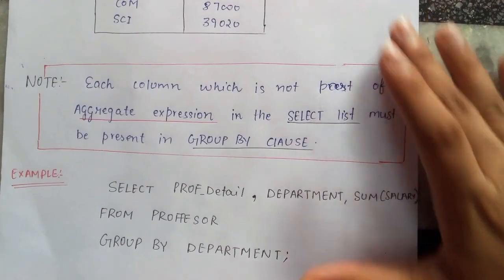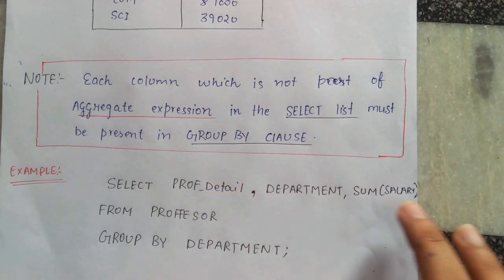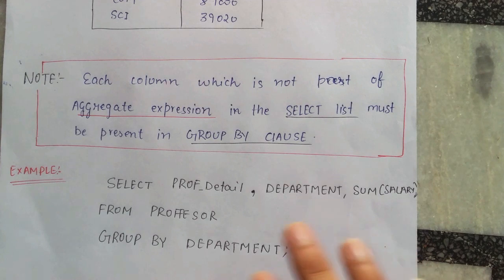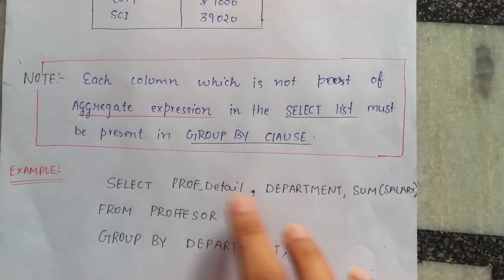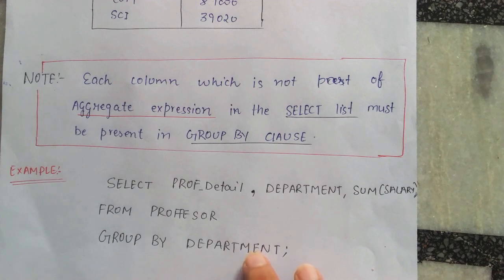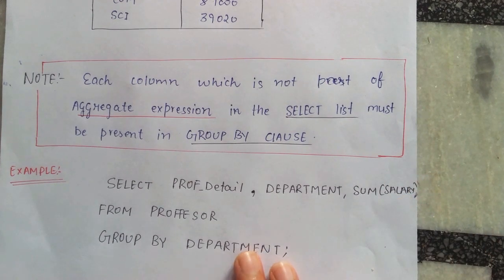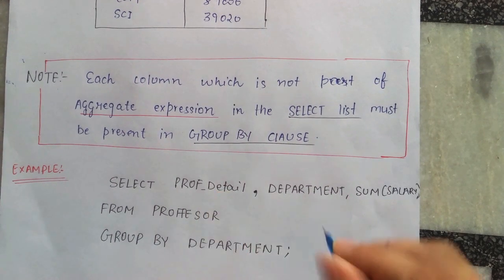For example, in this query we have written three columns, but one column is a part of the aggregate function. So all the columns that are not a part of the aggregate function, like these two columns, must also be present in the group by clause. Otherwise this query will be wrong. This query consists of only one column, department, in the group by, so it is wrong.